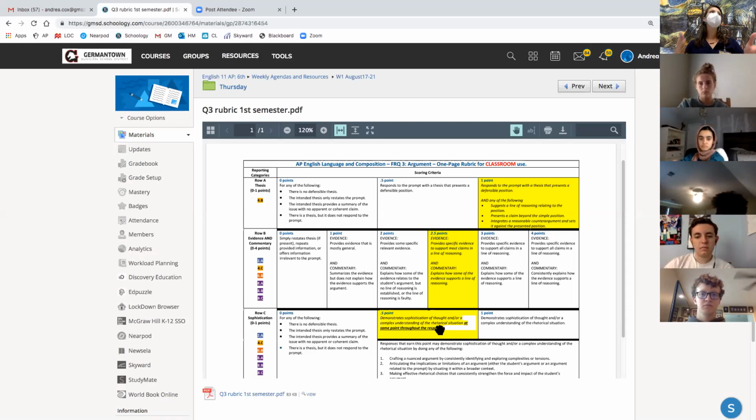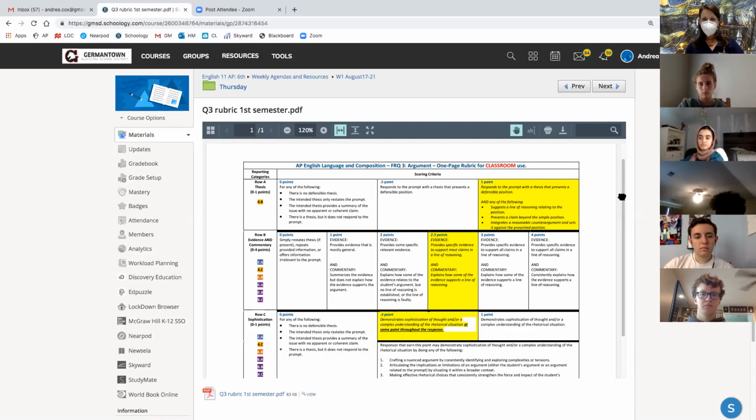So during the first semester, while we're really learning how to write, you're going to be able to score partial credit. Same thing with the evidence and commentary, same thing with sophistication. Once we get to second semester, those partial points will go away and it'll just go 1 or 0, 2 or 3, 1 or 0 again.